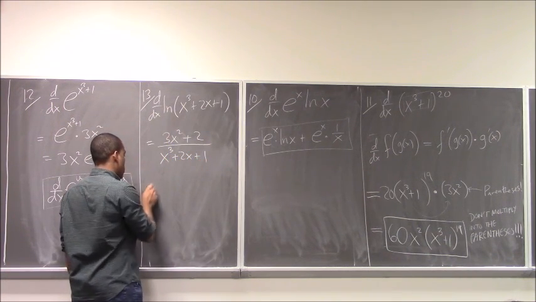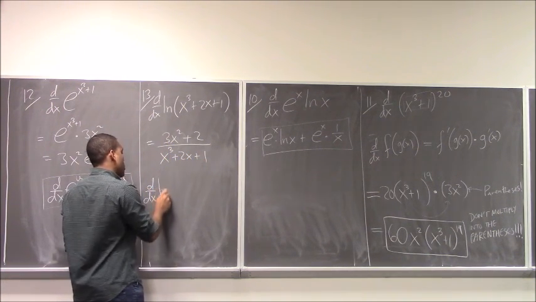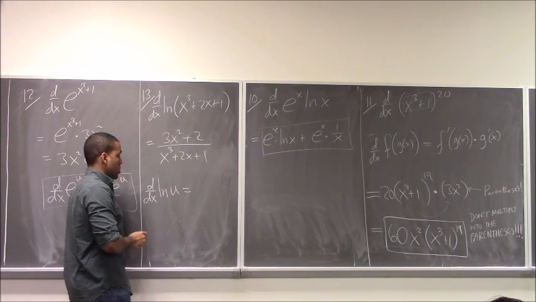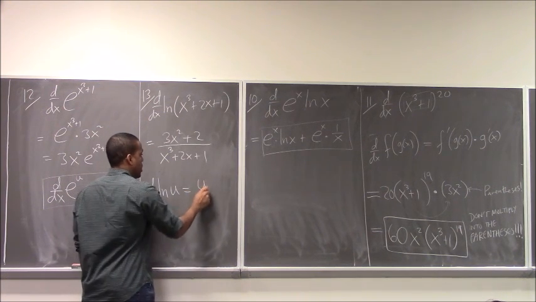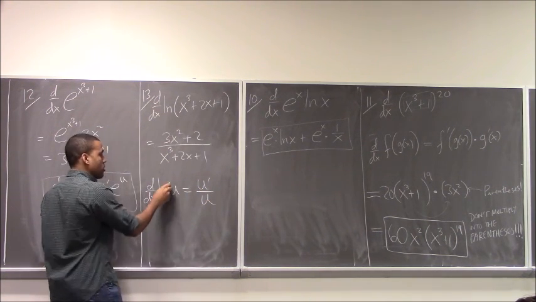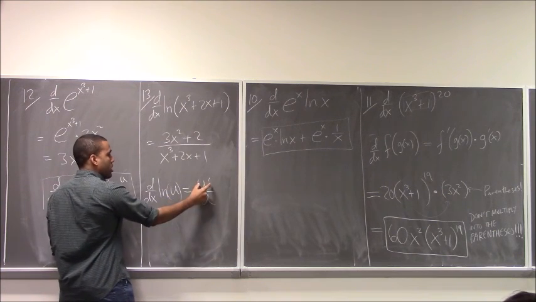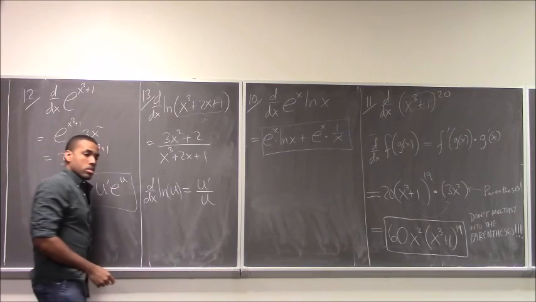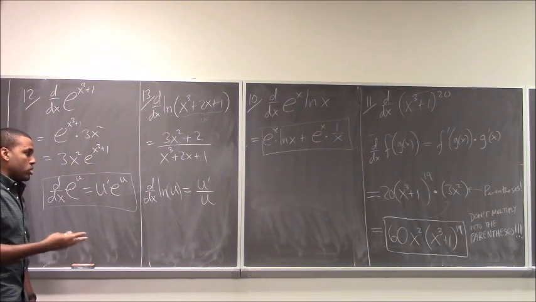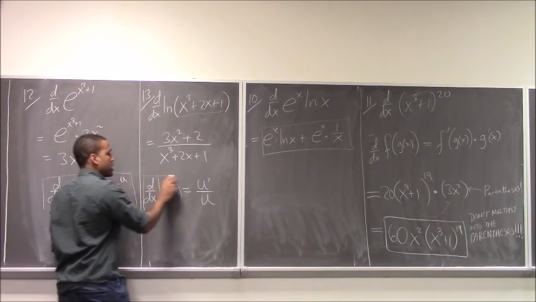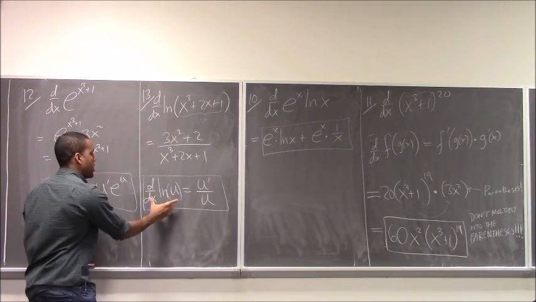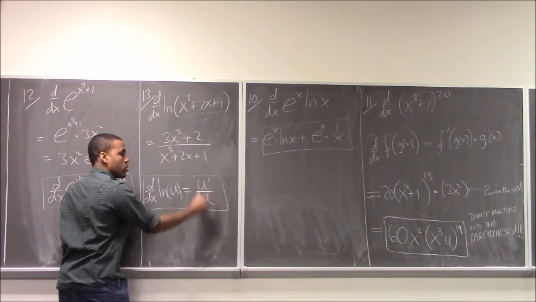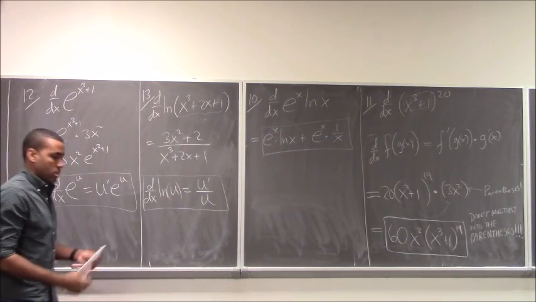The rule you are using is the derivative of ln of something is u prime over u. So the derivative of ln of anything is just the derivative of the thing over the thing itself. In this case, this was the u. The trick is you're using all these rules that I give you as sort of templates. You're trying to fit this on top of that, and you realize, oh, this is in the position of u, therefore this is how I would do it.